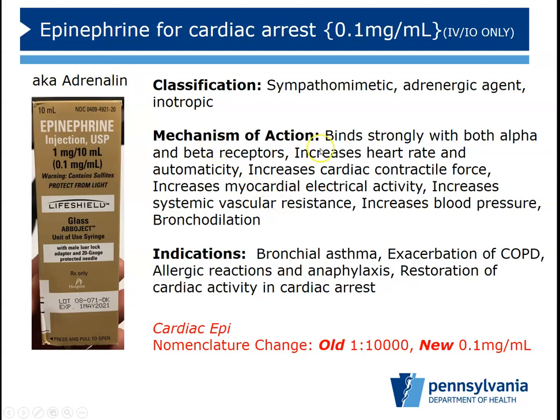The mechanism of action is that it binds strongly with both alpha and beta receptors within the heart. As I said earlier, it increases our heart rate, the automaticity of the electrical signal from the SA node, increases cardiac contractile force, increases myocardial electrical activity, and increases our systemic vascular resistance, which causes an increase in blood pressure as well as bronchodilation.